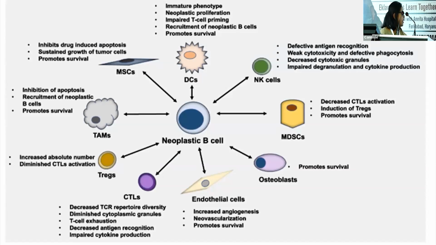It is comprised of a lot of cells like dendritic cells, mesenchymal stem cells, NK cells, MDSCs, osteoblasts, and all of them promote the survival of malignant cells and inhibit apoptosis. Furthermore, they also modify our immune system, thus facilitating the survival of the cancer cells.